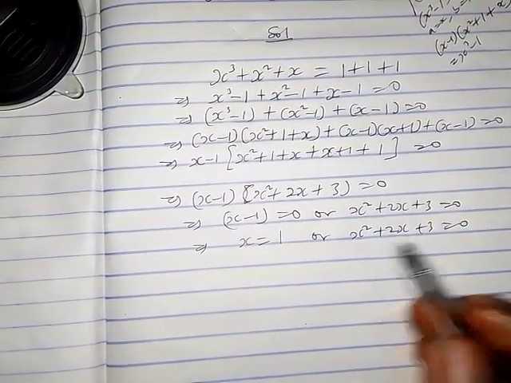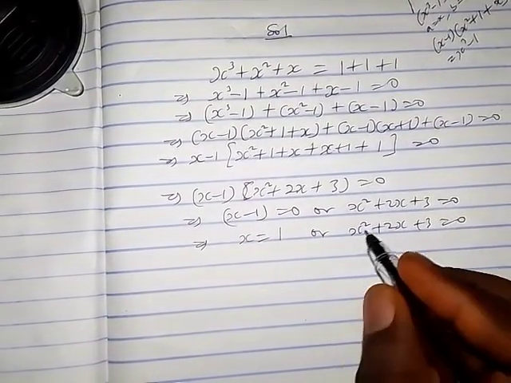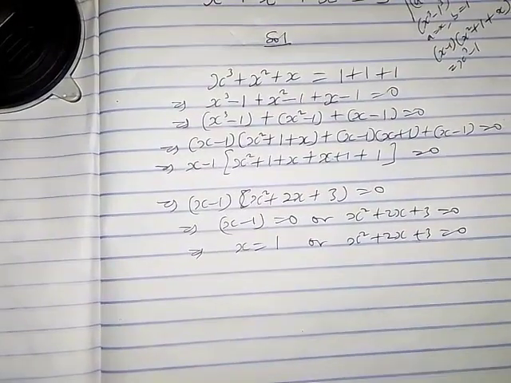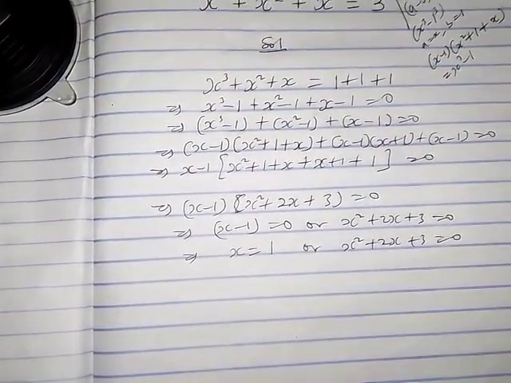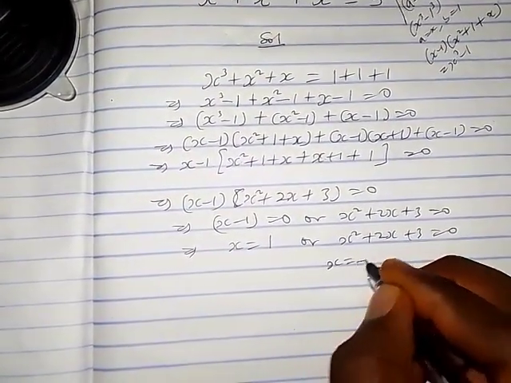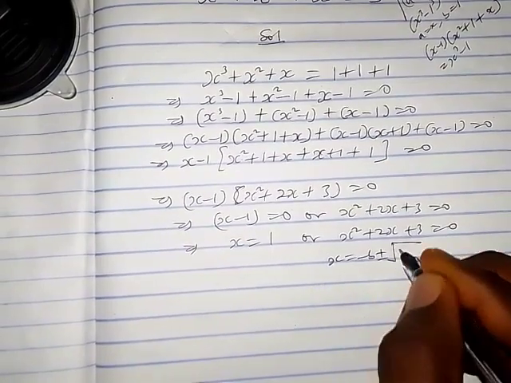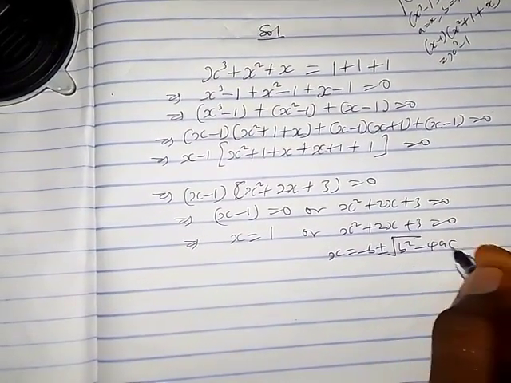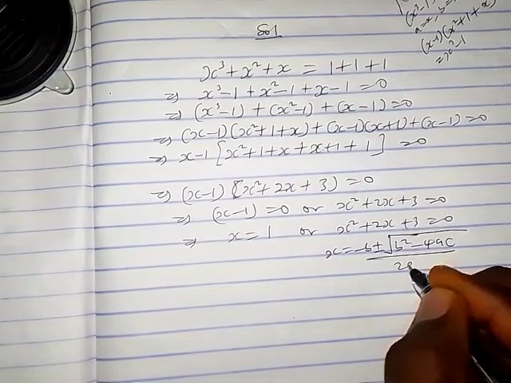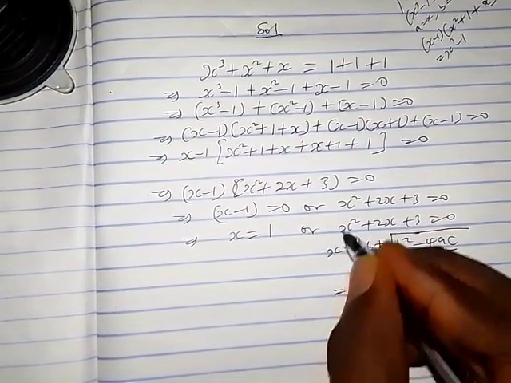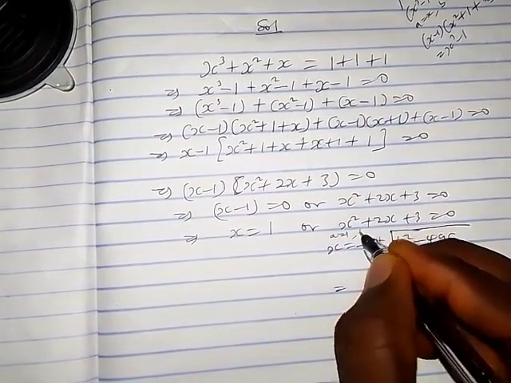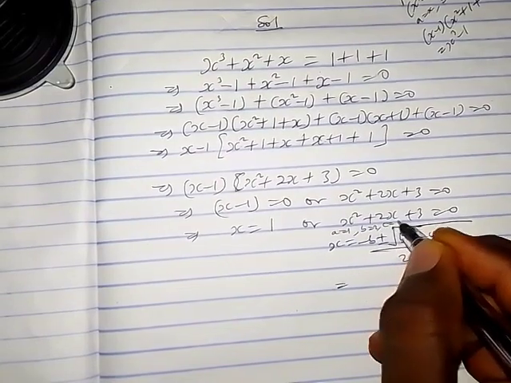Well, how do we factorize this? It's not factorizable. So we use the algebraic formula, that is x equals minus b plus or minus square root of b squared minus 4ac, everything over 2a. So the value of a here is 1, b is 2, and the constant c equals 3.